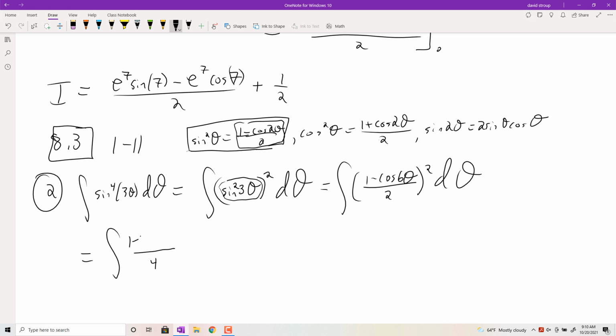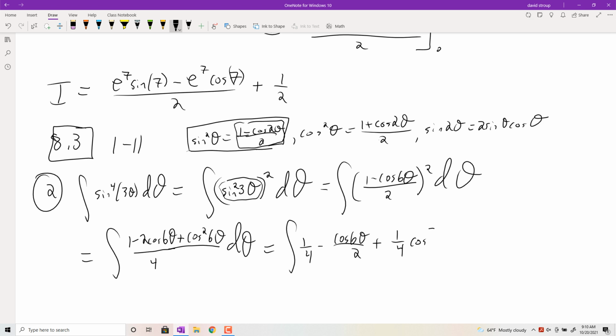So I get 1 minus 2 cosine 6 theta plus cosine squared 6 theta d theta. I'm going to separate this fraction into 3 parts. So 1/4 minus cosine 6 theta all over 2 plus 1/4 cosine squared 6 theta d theta.